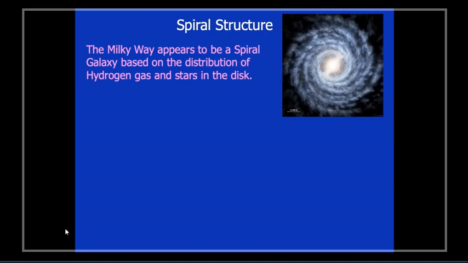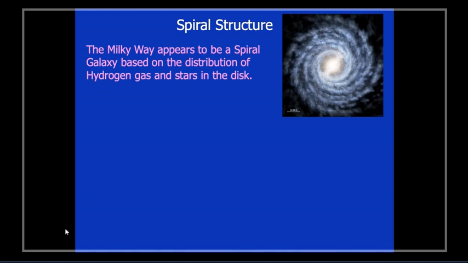When we look at pictures, these are drawings of what we think the Milky Way looks like. Again, we can't really take a picture of our galaxy from the outside because we haven't traveled that far or sent satellites that far, of course. But this is a pretty good idea of how we think the structure appears, based mainly on the distribution of hydrogen gas and also stars that we see along the disk.